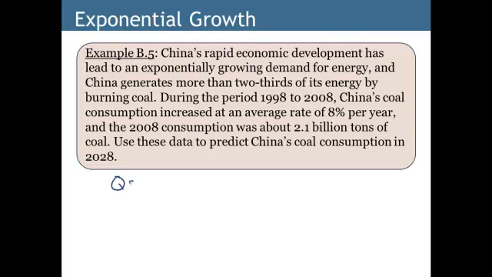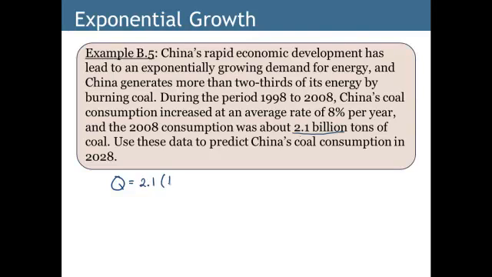So it said that it was exponential. What's my starting value? So it's got to be an amount of coal. Well, the only amount of coal I have is this 2.1 billion tons. So 2.1, and I'll just know that our quantity is in billions.